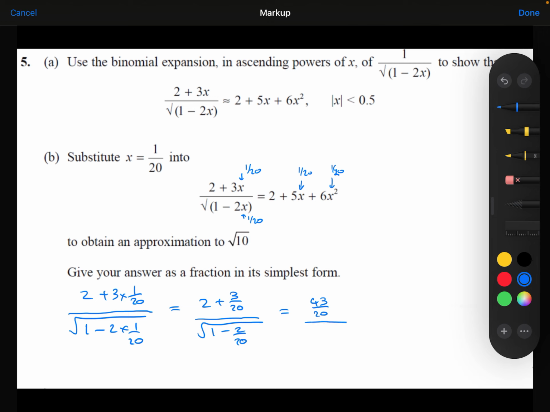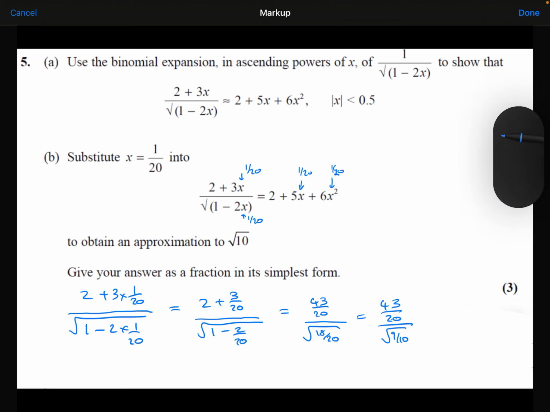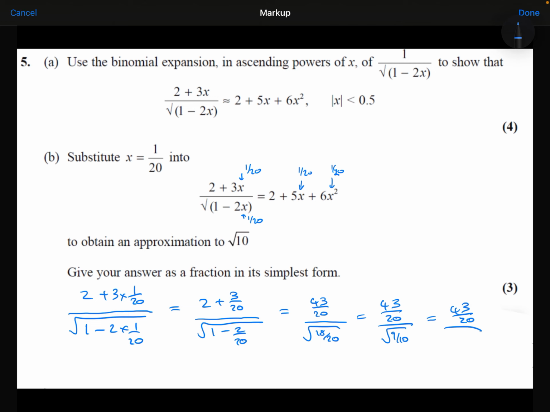My denominator, the 1 minus 2 over 20, is the square root of 18 over 20, which I could simplify a little bit to be the square root of 9 over 10. Now the 9 square roots really easily, 10 doesn't, but that's fine. So the square root of 9 is 3, and then we've still got that root 10 there.